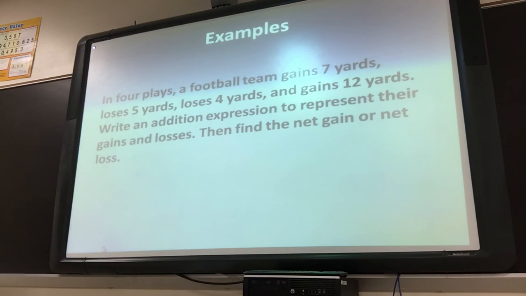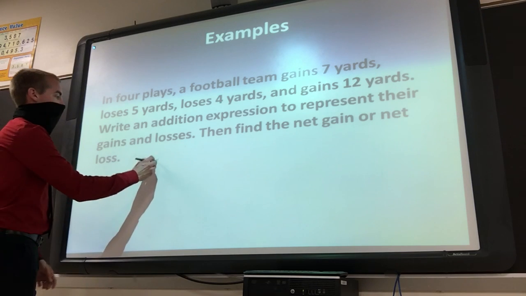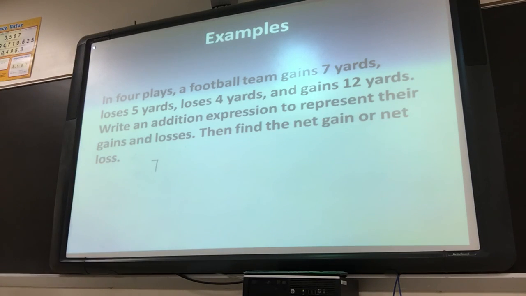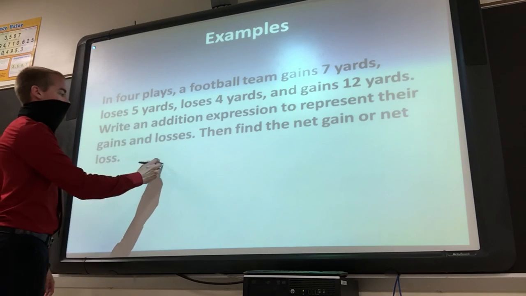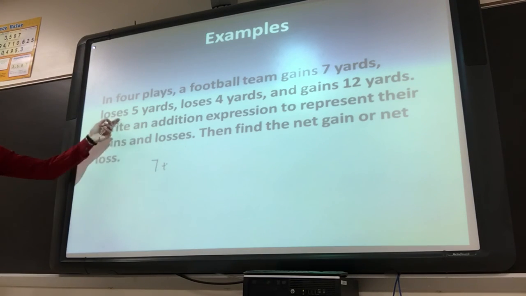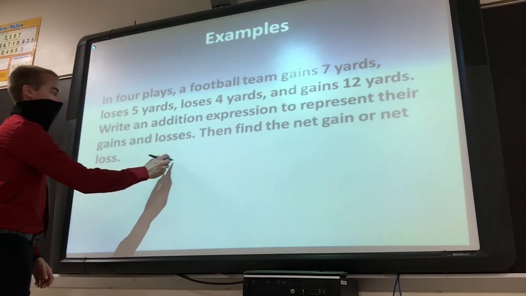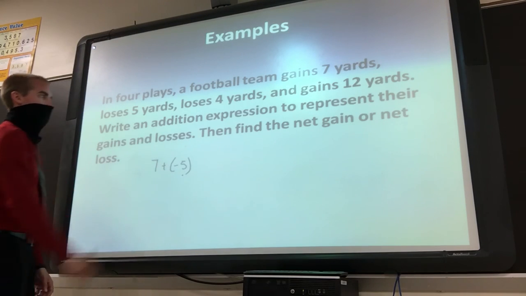Let's look at our next one together then. So it's asking us to do the same thing. Take all of this, write an addition expression, and then find the net gain. So basically, is it a positive or a negative at the end? So if they gain 7 yards, let's make that a positive 7. Plus, because it's an addition expression, if they lose 5 yards, make that a negative 5, right?